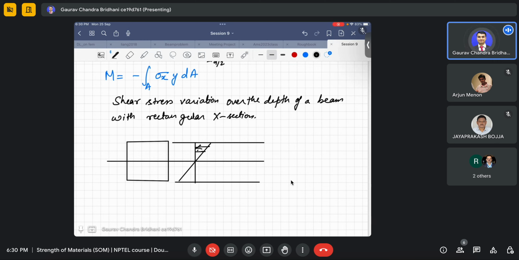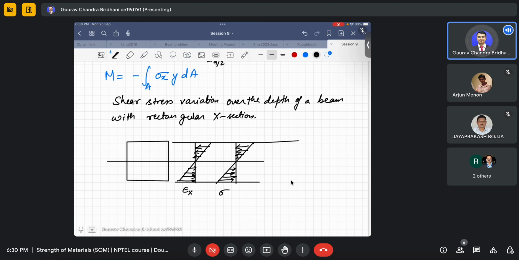So this is compressive strain, this is tensile strain. Epsilon. Then we have seen it's epsilon x. The stress variation. So stress will be something like this. This is again compressive, and this is tensile. Sigma.